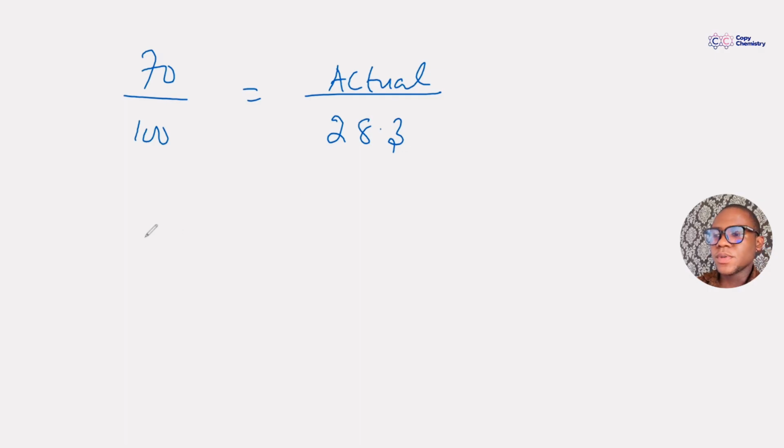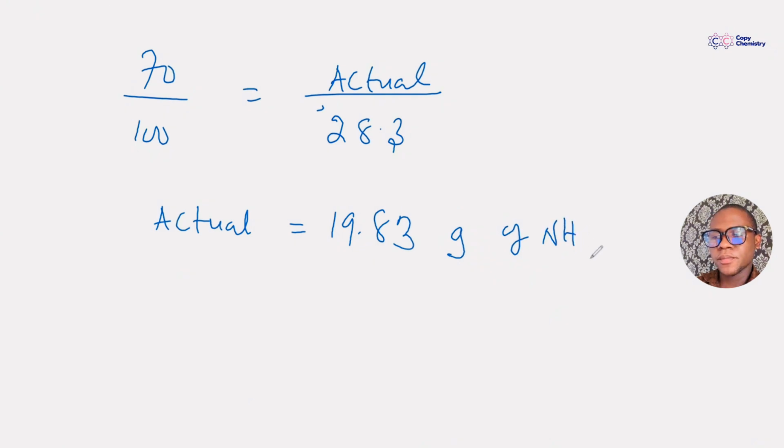Is this stuff difficult? Is it difficult? So when you do your calculations, they cross multiply and then divide both sides by 100, your actual yield will be 19.83 grams of ammonia.